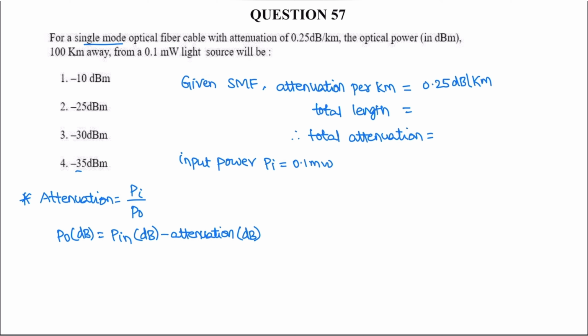The total length of the fiber is 100 kilometers. Therefore the total attenuation is 100 into 0.25 dB, that is 25 dB.